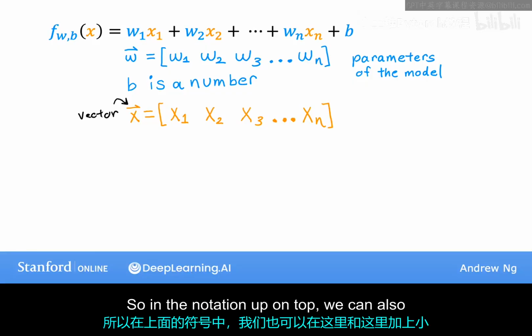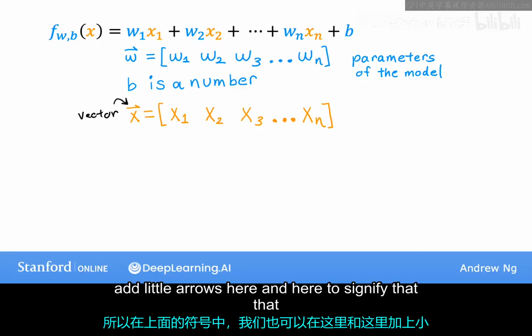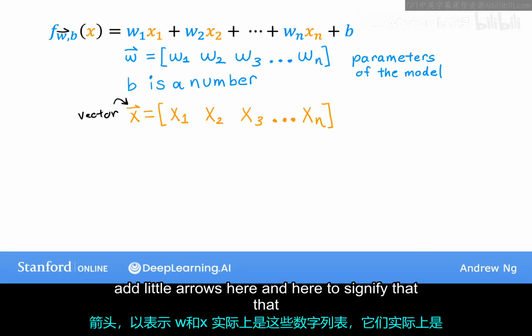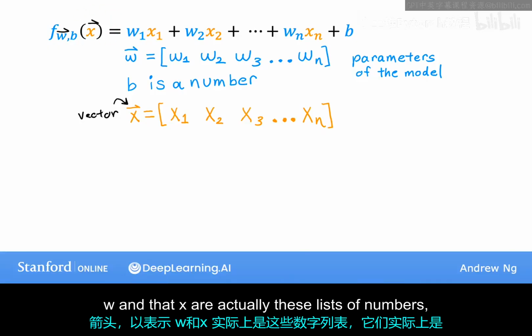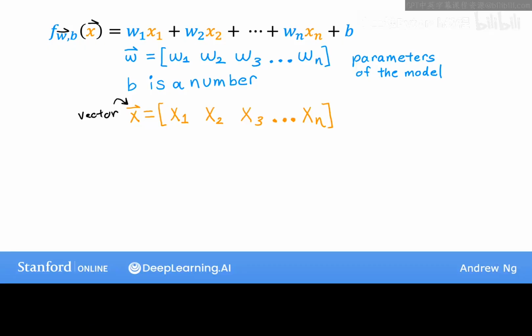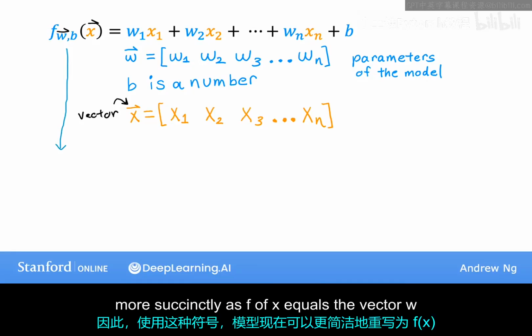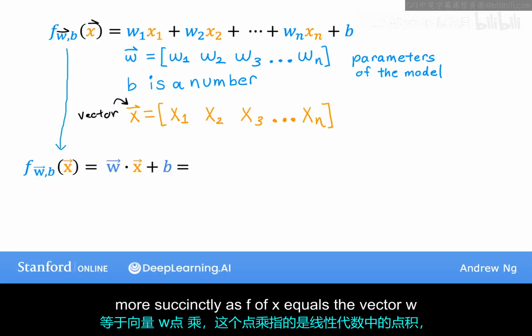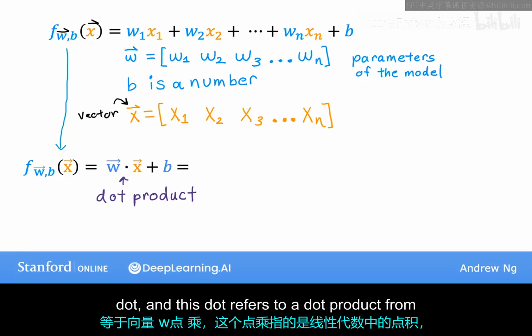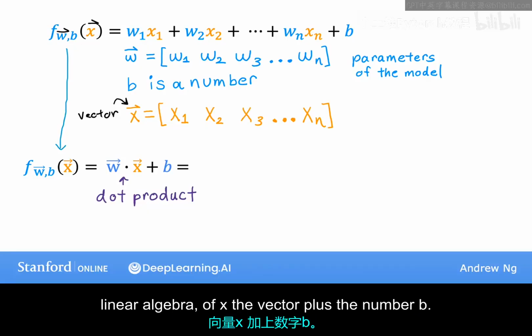So in the notation up on top, we can also add little arrows here and here to signify that that W and that X are actually these lists of numbers, that they're actually these vectors. So with this notation, the model can now be rewritten more succinctly as f of x equals the vector W dot, and this dot refers to a dot product from linear algebra, of x, the vector, plus the number B.